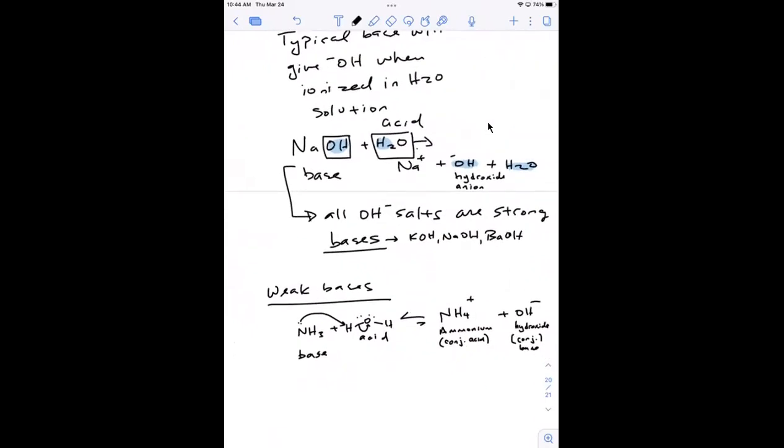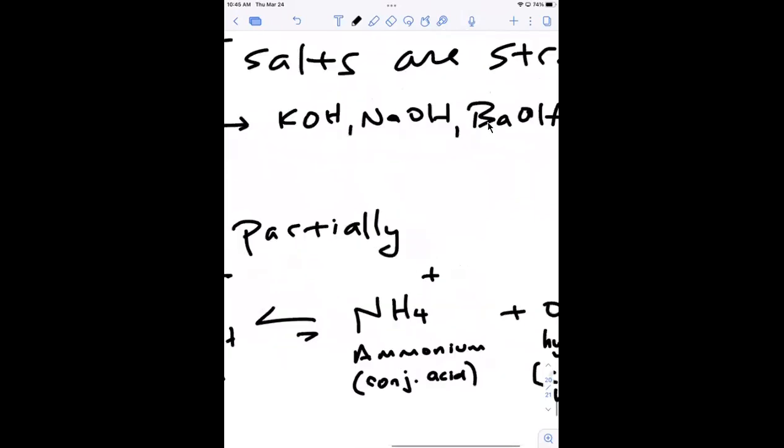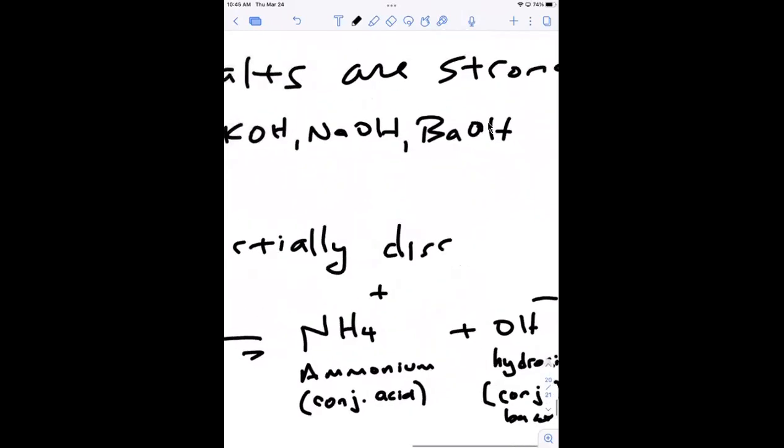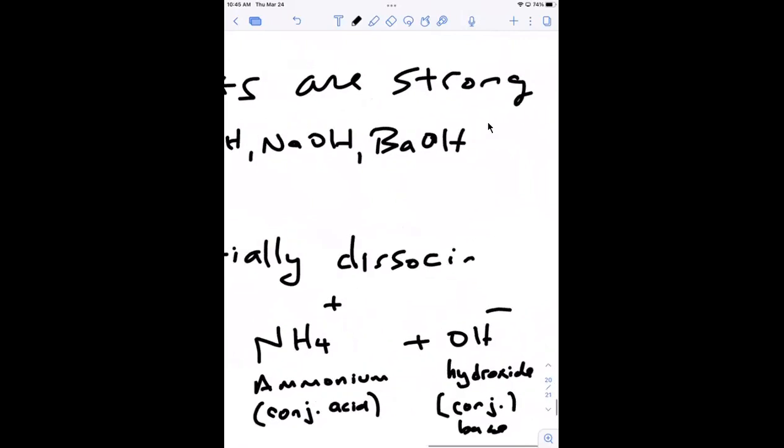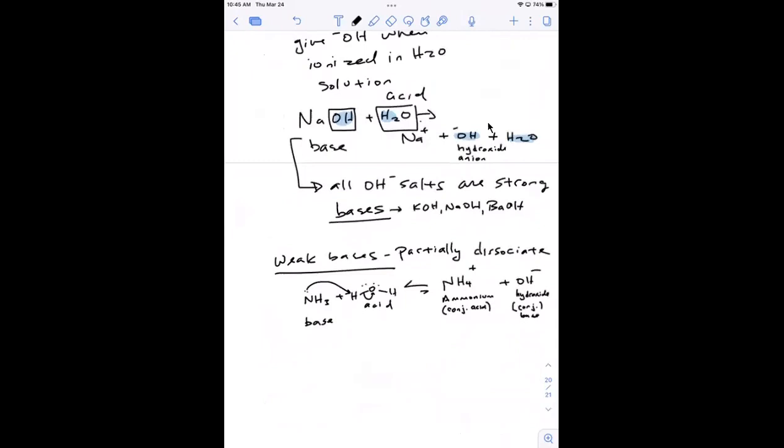But again, this is not going to fully dissociate. So this is only partial dissociation. And that leads to some other stuff that's beyond the scope of the class, but we'll talk about that another time.